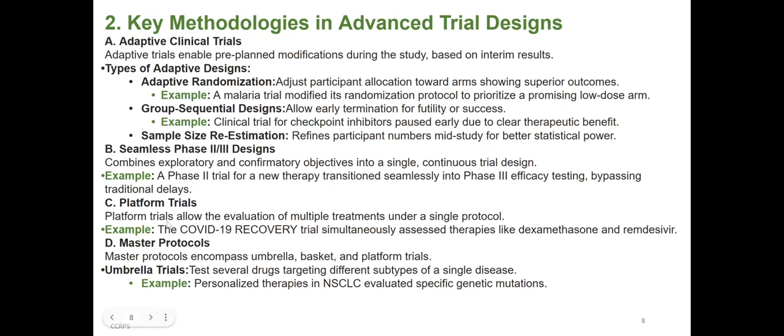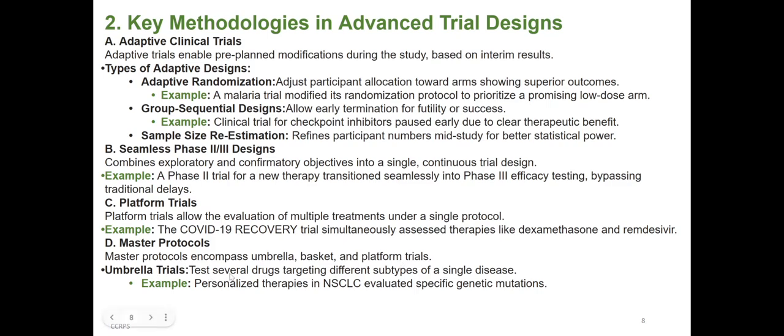Platform trials. Platform trials allow the evaluation of multiple treatments under a single protocol. Example: the COVID-19 RECOVERY trial simultaneously assessed therapies like dexamethasone and remdesivir. Master protocols encompass umbrella, basket, and platform trials.